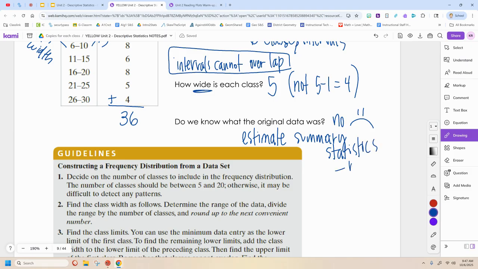Those summary statistics might be the mean, which is X bar. We might be able to summarize the median or guesstimate it. We might be able to figure out an approximate range. But once again, it would not be exact. It would be an estimate.